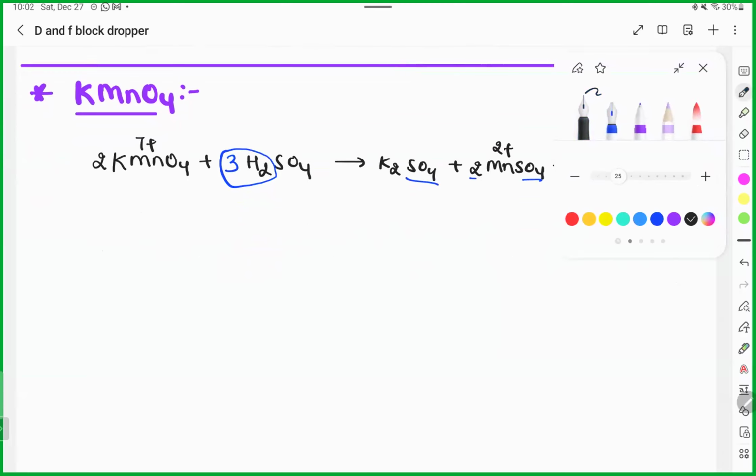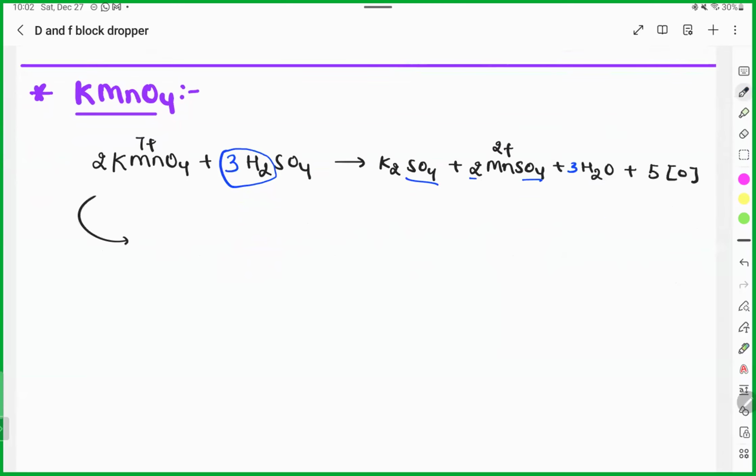Example, if you see it reacts with the FeSO4. Chandana, how will this FeSO4 convert into the product? Fe2(SO4)3, correct?